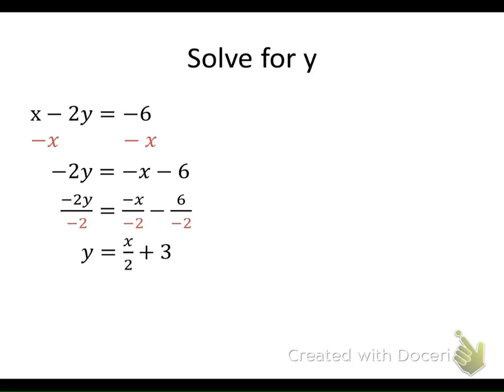And we're going to get y is equal to x over 2 plus a 3. Once again, let's not forget that that means we have 1/2 x plus a 3. Alright, so that's our slope, 1/2, and the y-intercept is 3.